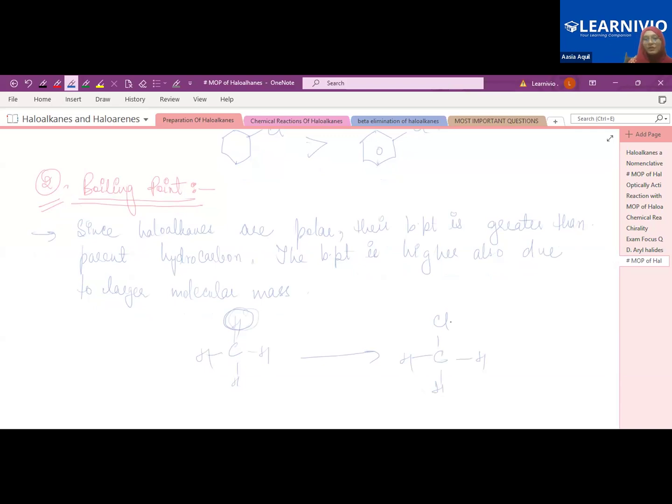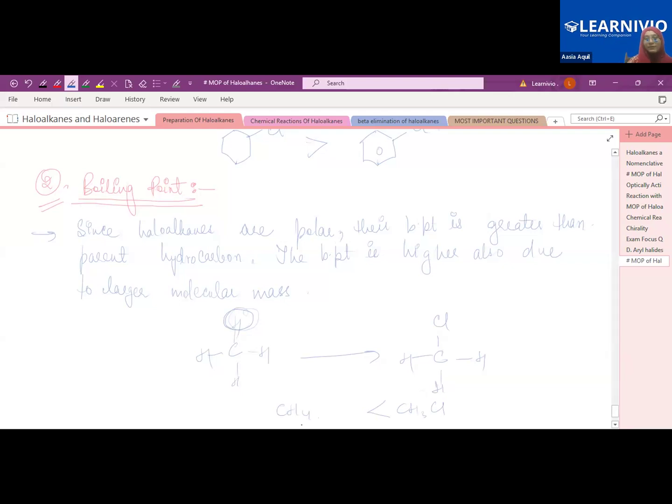the boiling point of CH3Cl will be more as compared to the hydrocarbon chain. The parent chain was hydrocarbon, so you replaced one hydrogen with chlorine or any halogen group.